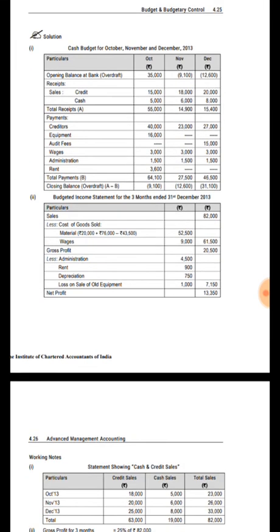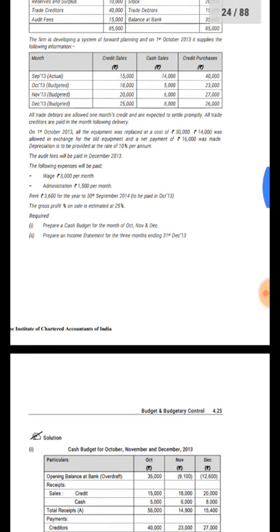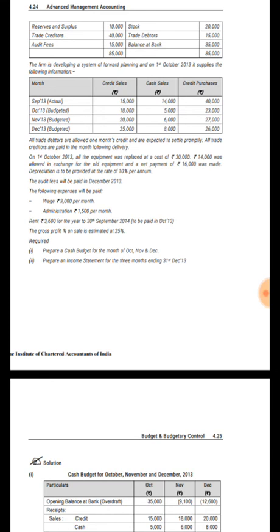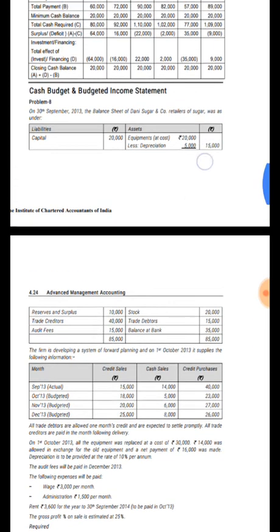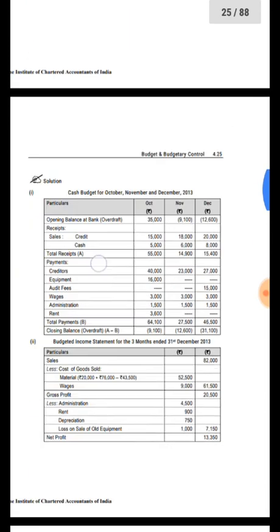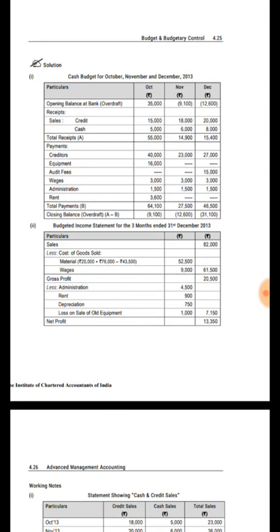So that's what is taken here, 750. Okay, and we have received 14,000 in exchange of this 15,000 worth of machinery. So there 1,000 loss was there, no? So that 1,000 loss on sale of old machine, 1,000. So that will reduce, we'll get net profit of 13,350. That's it.